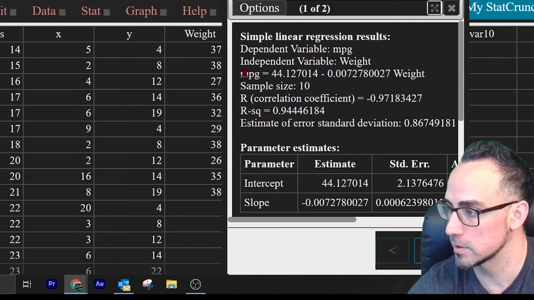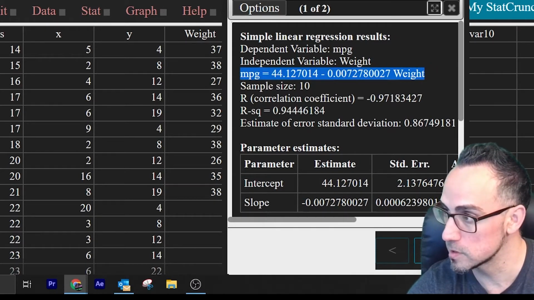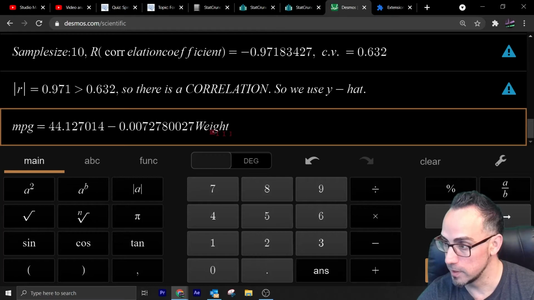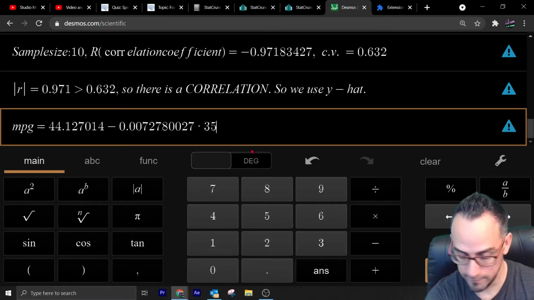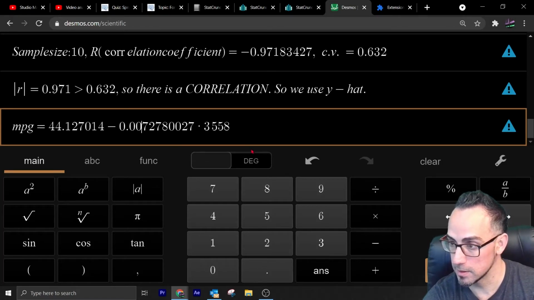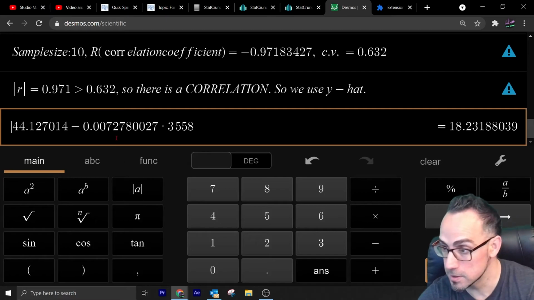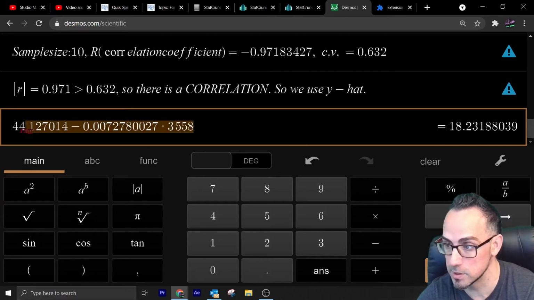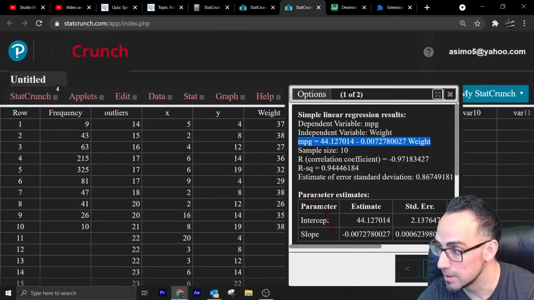It's very convenient because otherwise I would have had to do this. It's not the end of the world, but I would have had to Control C, Control V, come here and put times 3558, and get rid of this. Now watch this. So you could have done this. I just plugged it into the regression line, right? I got 18.23. I could have done that, but check this out.